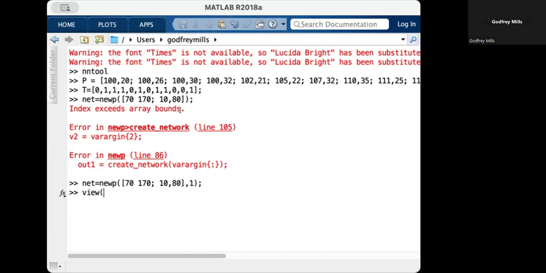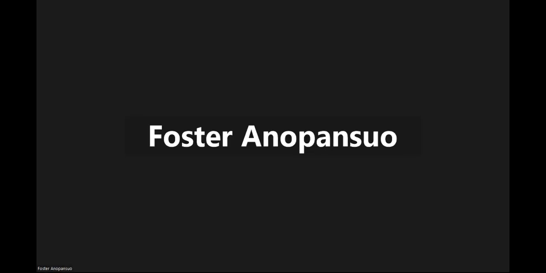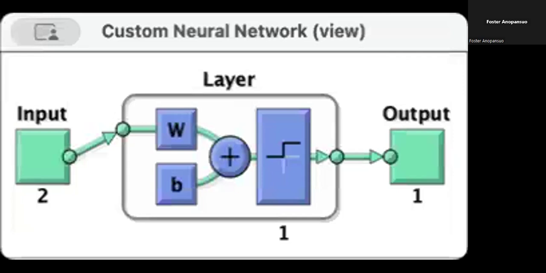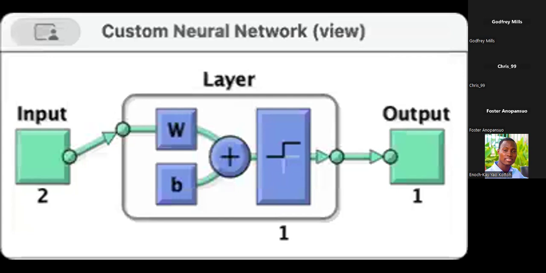View net. When I did a view net, this is what I got. You see that this is a graphical system that will give me my neural net, the network that I've done.